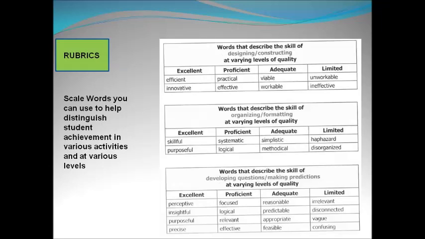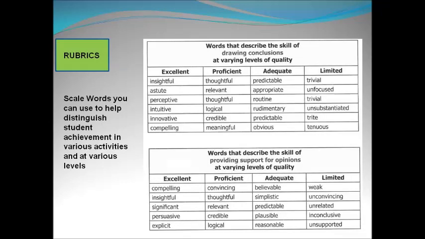Here's some more examples, right? Scale words you can use for designing or constructing, for organizing or formatting, for developing questions or making predictions, right? These different scale words work for these particular sorts of considerations, but mixing and matching them across the different criteria might confuse things, might not work.